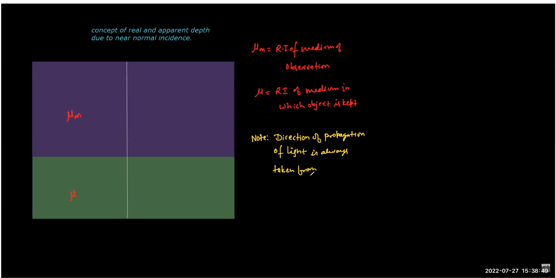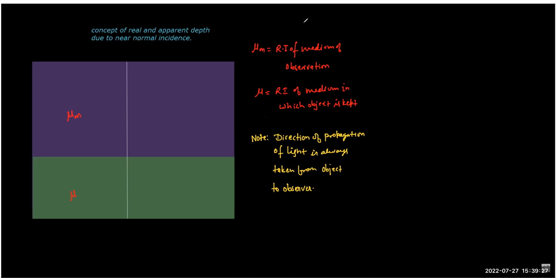Object to observer or observer to object? Object to observer. Absolutely. So it is always from the object to the observer.